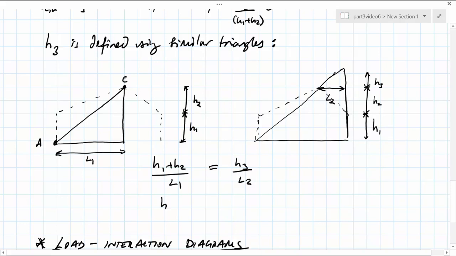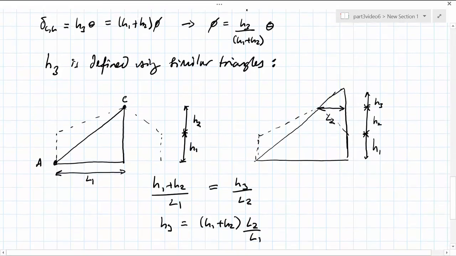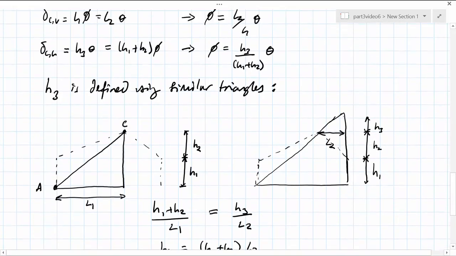So H3 is then simply given by (H1 plus H2) times L2 over L1. Having done this, we can now go on and proceed to perform virtual work as usual, as all of the displacements and rotation angles have been defined.